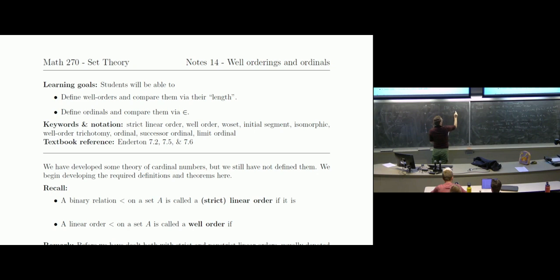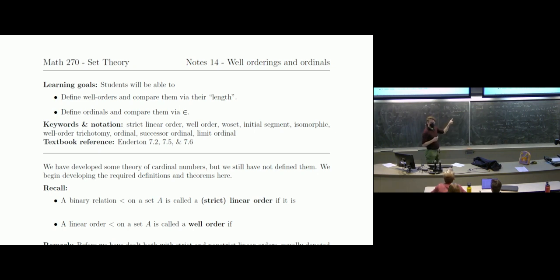Well-ordered set, or I hate this, woe set. What's common is po-set for partially ordered set, and then the book says, people also say low set for linearly ordered and woe set for well-ordered. And I don't know, the book can say that.